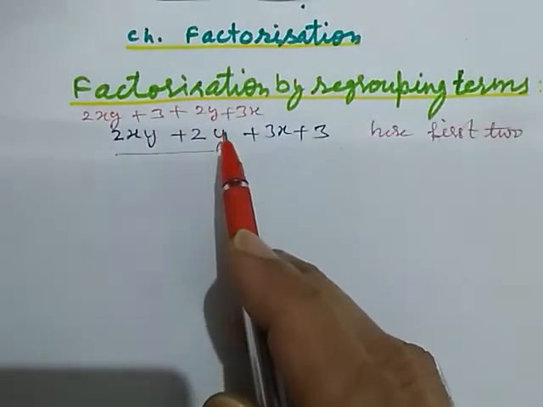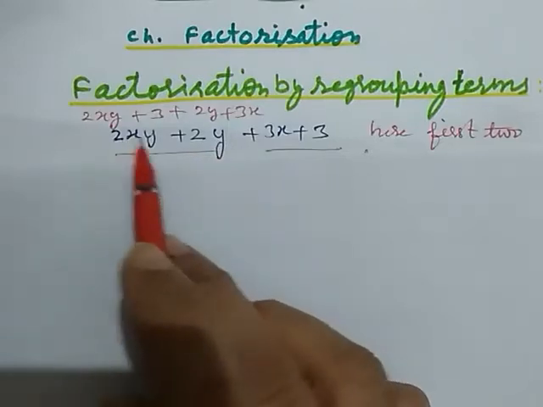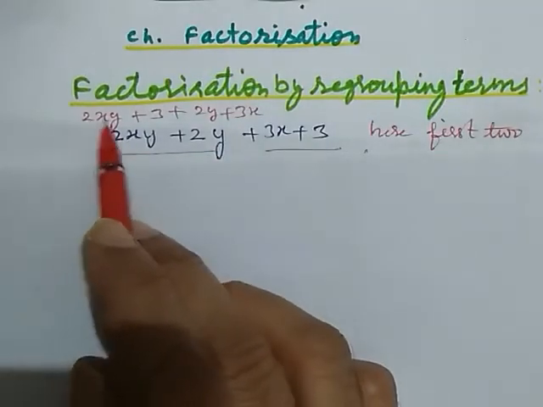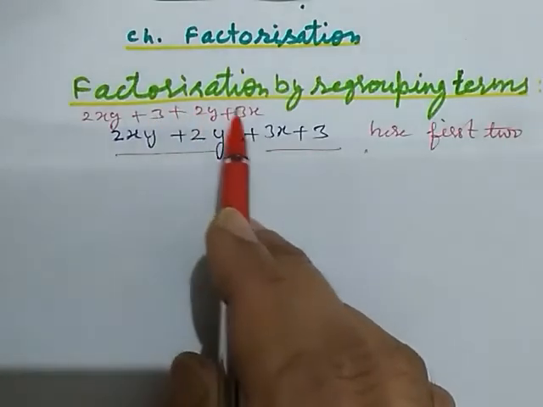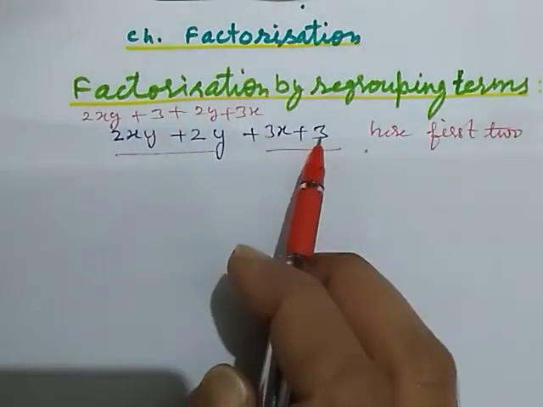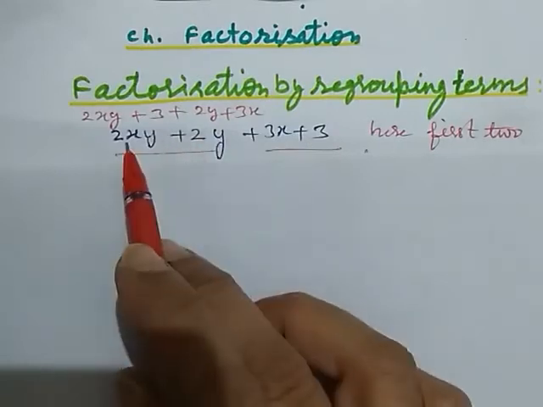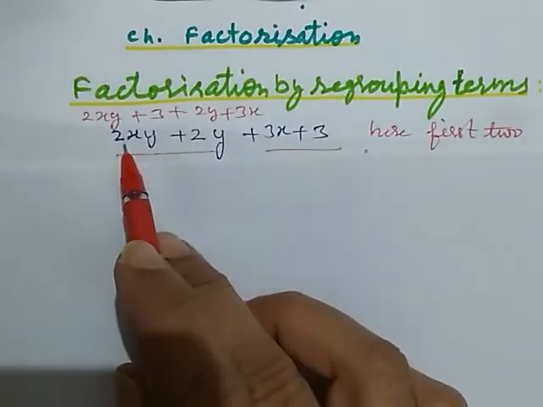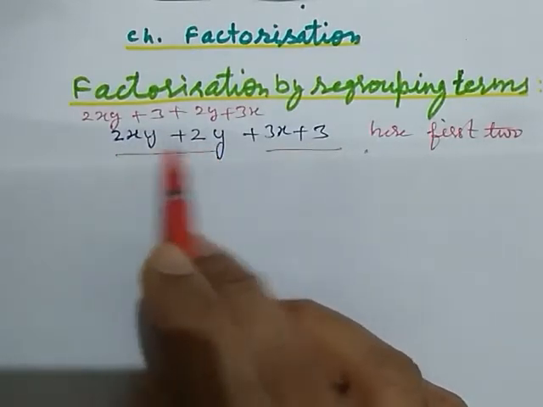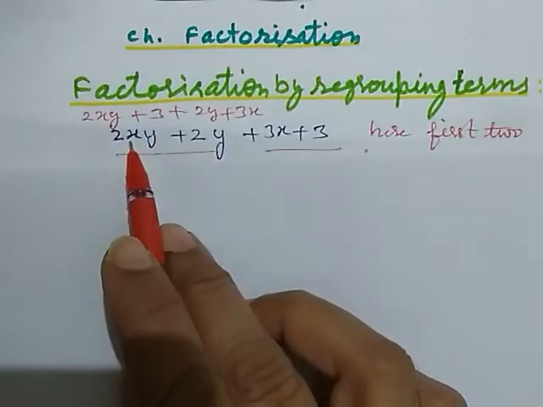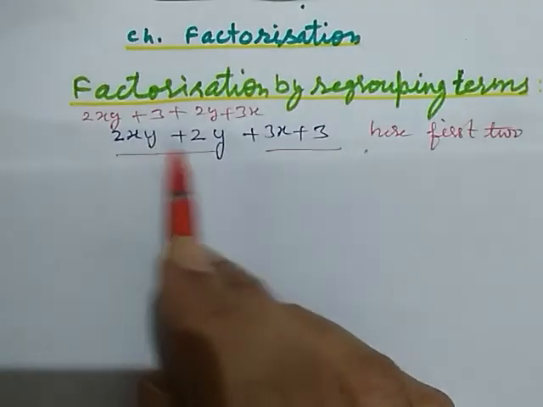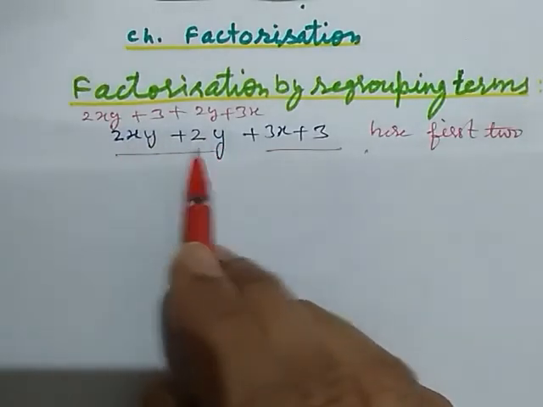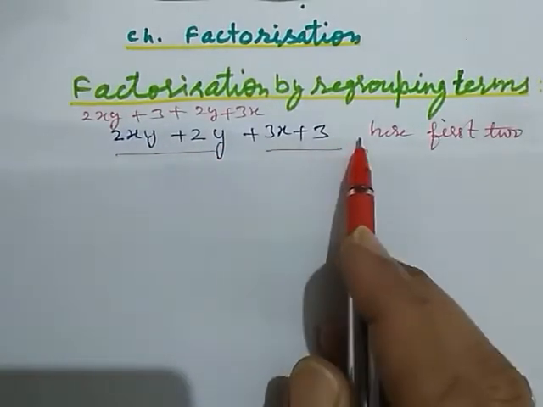By using this technique, we write this 2xy here and this 2y here, and we shift this 3 from here to there. By this we can group them so that they have something common. Here 2 and y, that is 2y, is common. Here 3 is common.